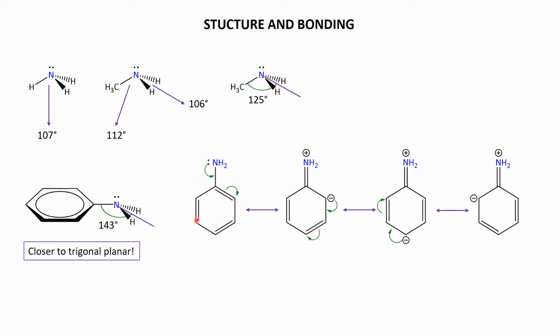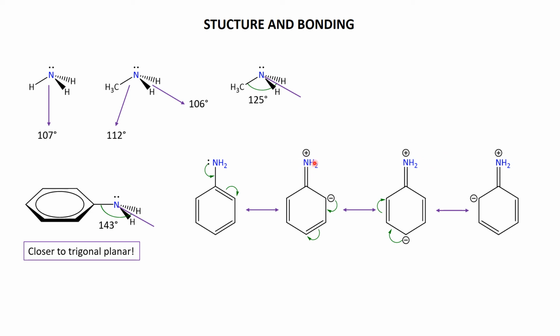Now, this is a structure in which there's no separation of charge. These 3 resonance structures, we're taking a plus and a minus, so they're not as significant resonance structures as this, but they all contribute. Now, the effect of that is twofold. The first is that now the nitrogen in these resonance structures is, of course, trigonal planar.